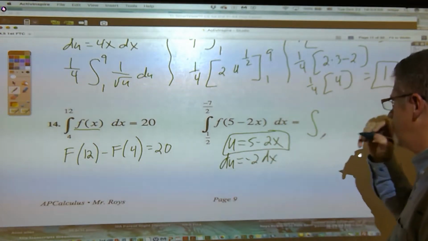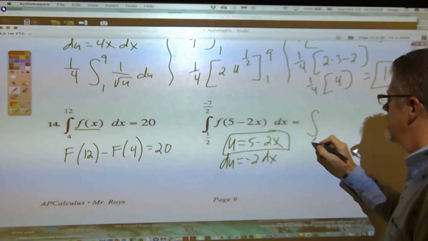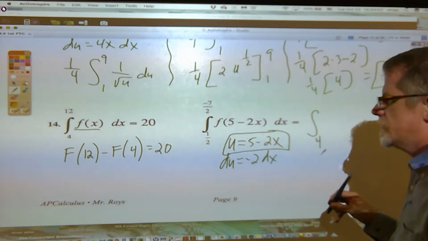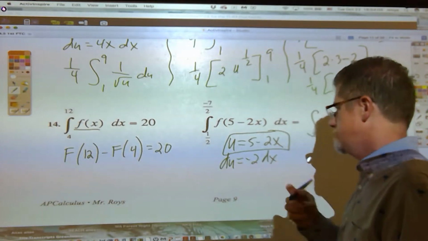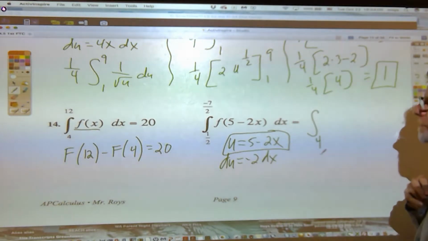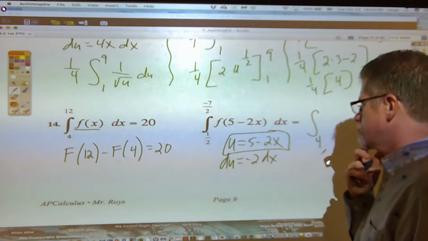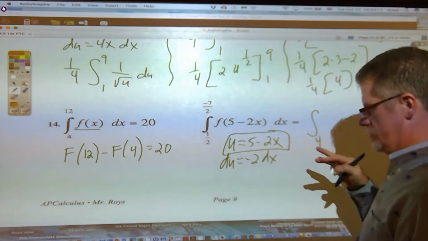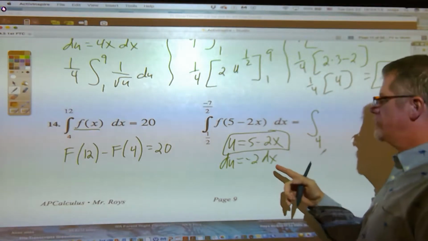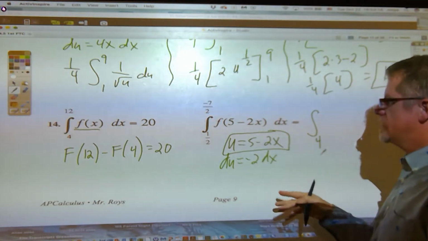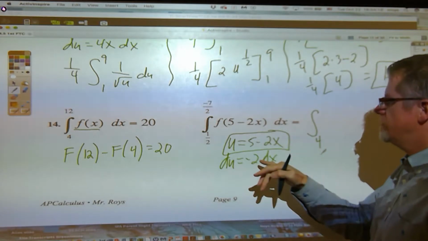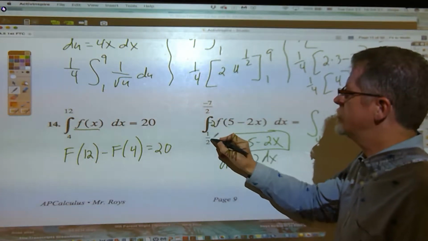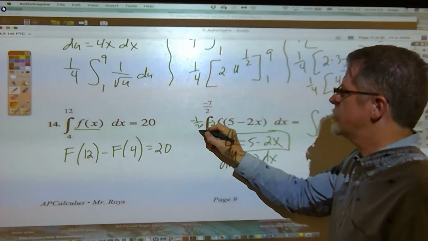So this is going to be from u equals 4. Oh, what a coincidence. It matches that. Up to, and I just realized I skipped the part where you doctor and counterbalance. I don't have a negative 2 dx, I just have dx. So I've got to doctor with a negative 2, counterbalance with a negative 1/2.